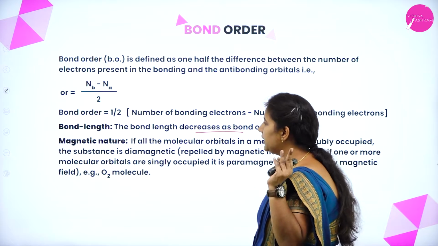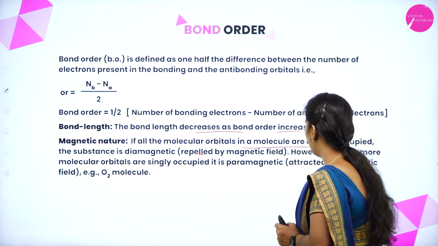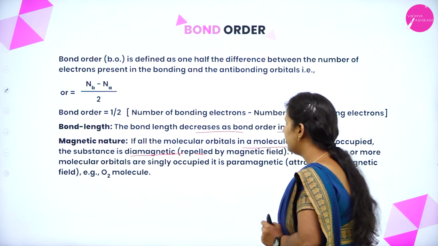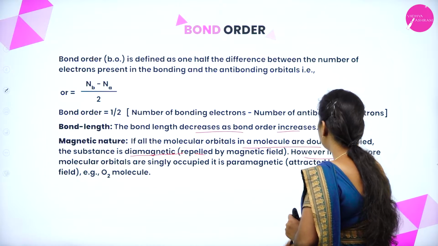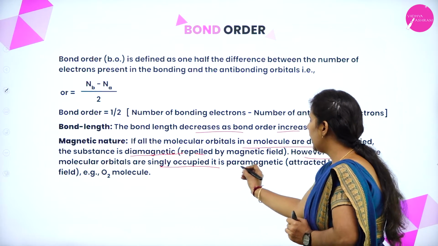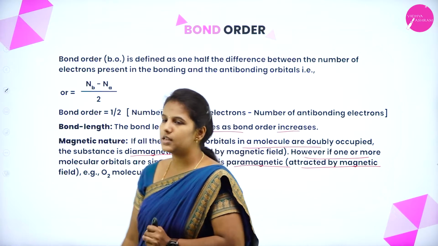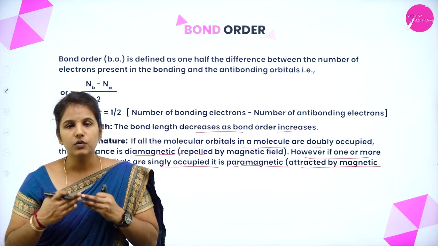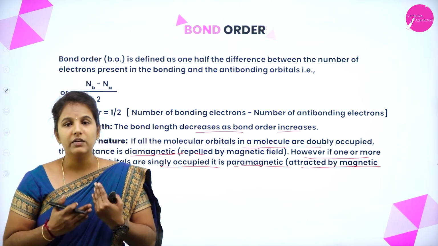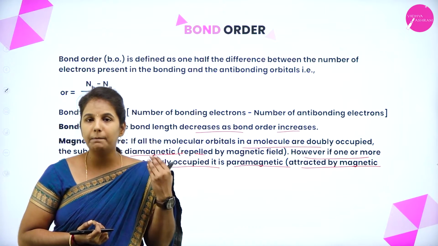Then magnetic nature. If all the molecular orbitals in a molecule are doubly occupied, then the substance will be diamagnetic. If one or more molecular orbitals are singly occupied, they are paramagnetic because they are attracted towards the magnetic field, hence it is named paramagnetic.